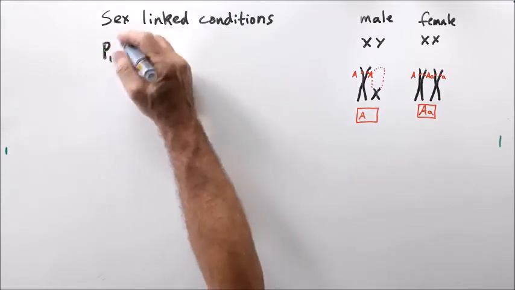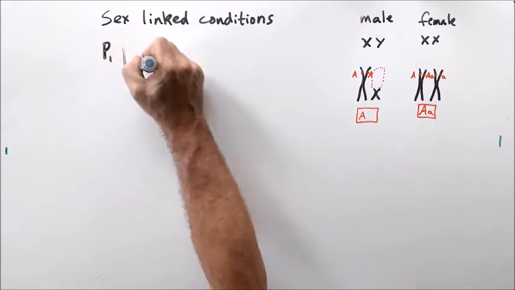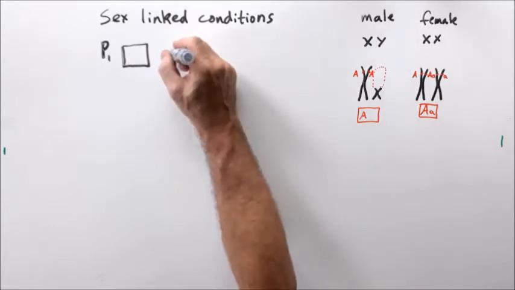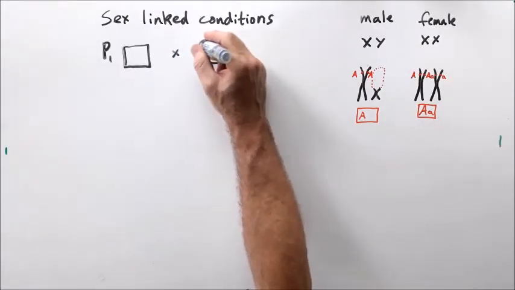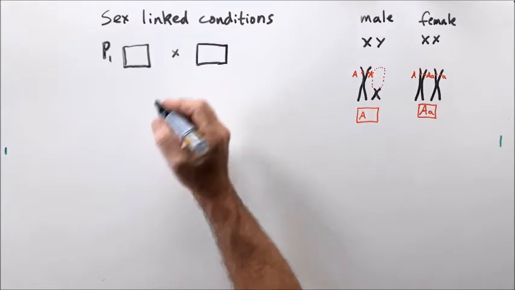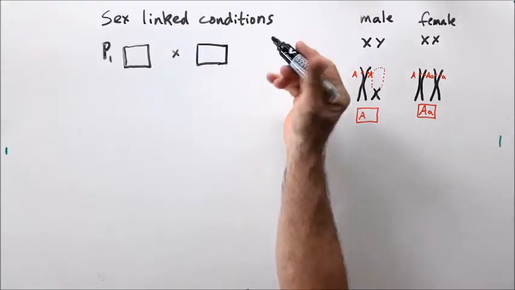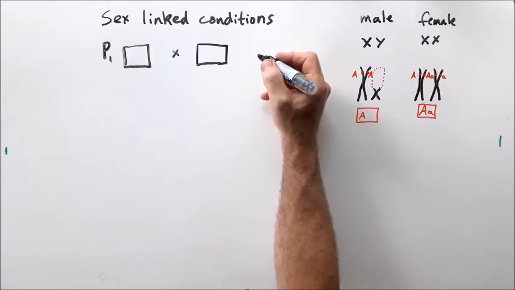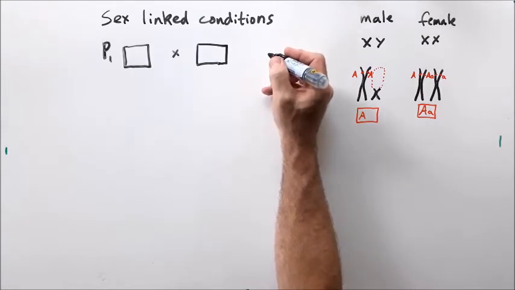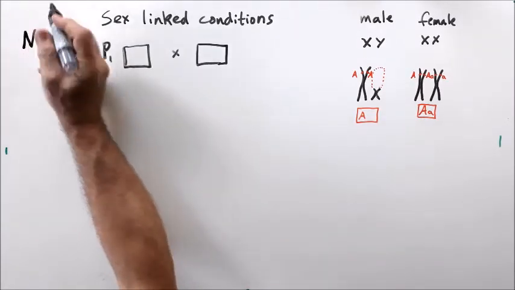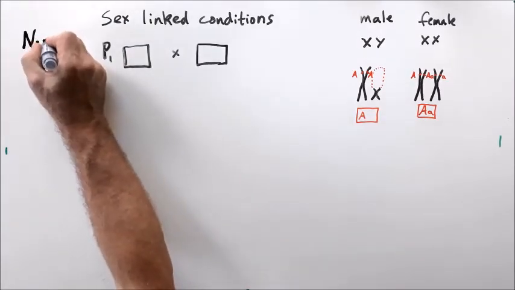Parents, P1 generation, and in the P1 generation, we're going to write the male, and we're going to write the female. And what I would like to do is to say that red-green color blindness is a particular condition, but it's not the normal condition. So I'm going to use the letter N for normal.